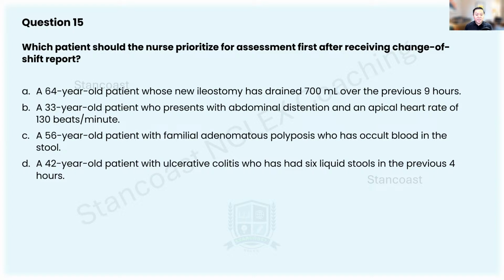B, a 33-year-old patient who presents with abdominal distension and an apical rate of 130 beats per minute? C, a 56-year-old patient with familial adenomatous polyposis who has occult blood in the stool? And D, a 42-year-old patient with ulcerative colitis who has had 6 liquid stools in the previous 4 hours.